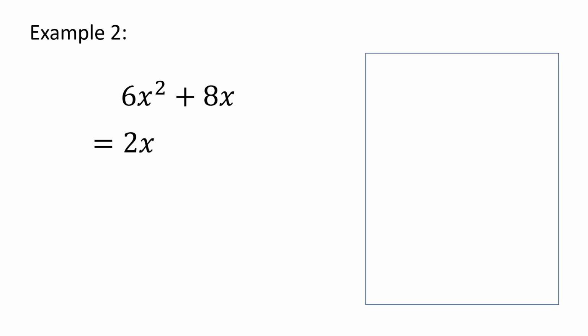Okay, now let's divide 6x squared by 2x. 6 divided by 2 is 3. Then x squared divided by x leaves 1x. So the answer is 3x.